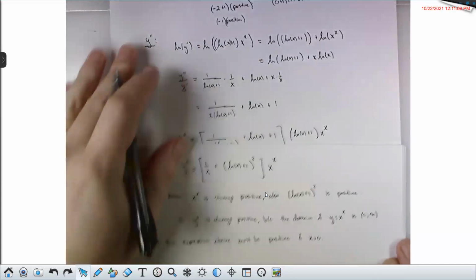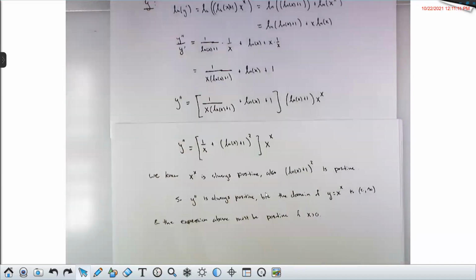You see, the only way for this second derivative expression here to ever be negative, for us to even think it might be negative, is if this piece is somehow making things negative. X to the x is an exponential thing, it's always positive. This is a square, it's always positive. So this is the only piece that even has the potential to switch between positive and negative. If x is greater than 0, this is positive. If x is less than 0, this is negative.